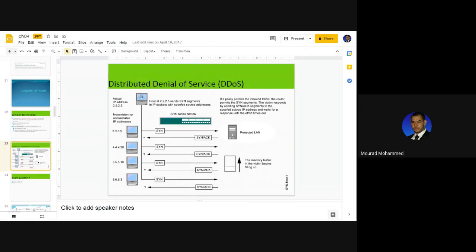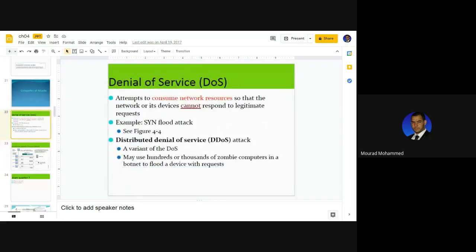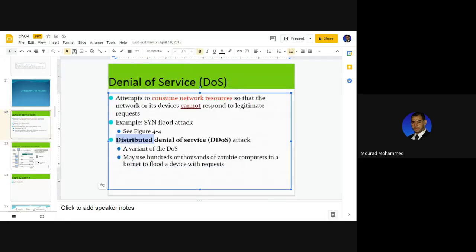This is the attacker and this is the service provider. The attacker will use a list of compromised devices to send requests. All of them are requesting what the attacker is willing to do. We are talking about distributed denial of service, distributed DoS. DoS is denial of service, and DDoS is distributed denial of service.